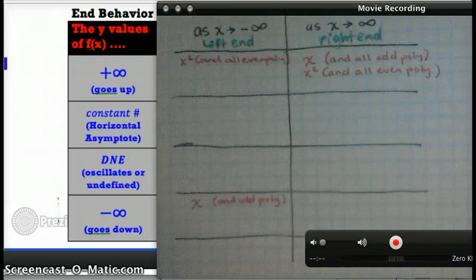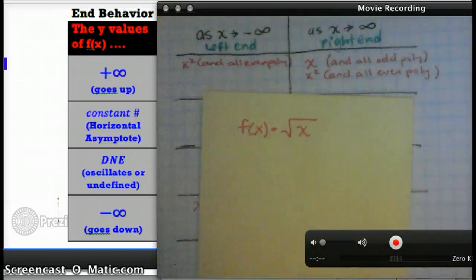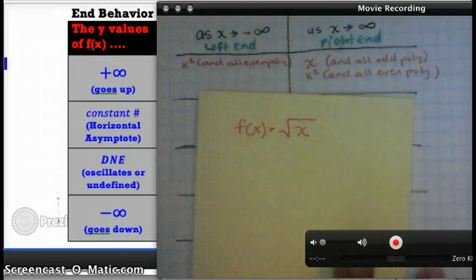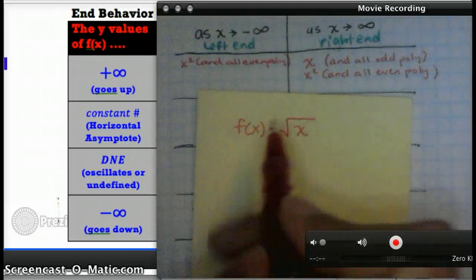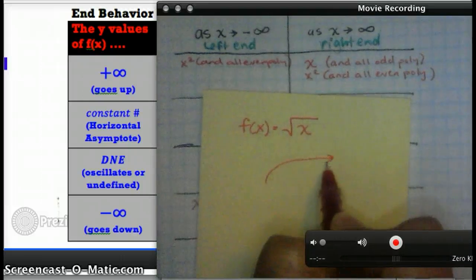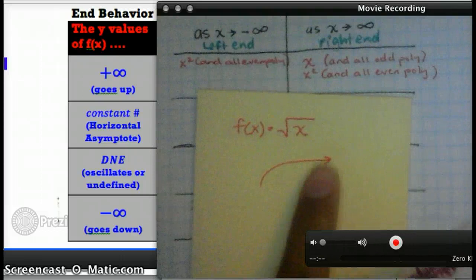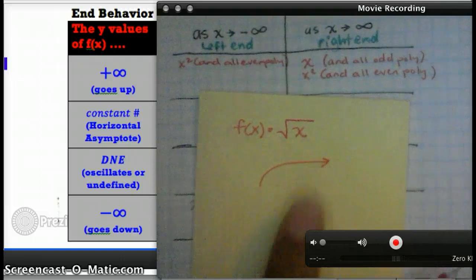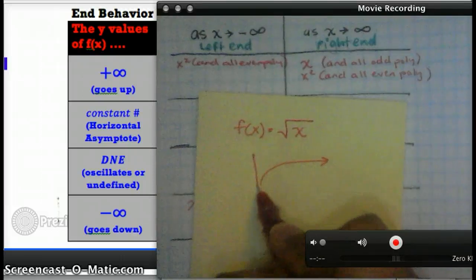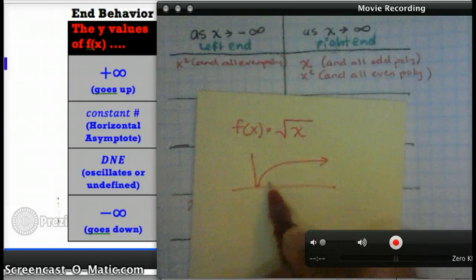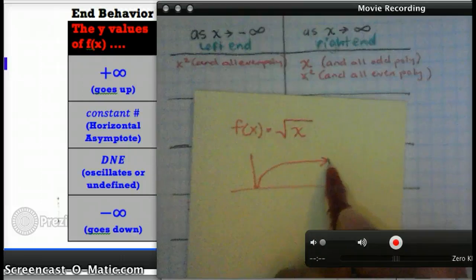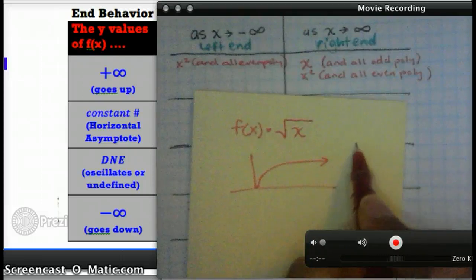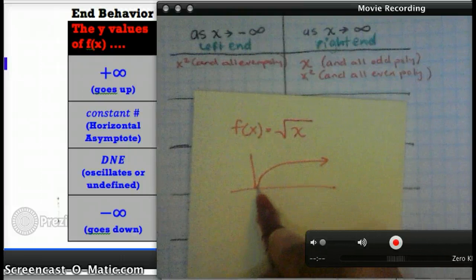Great. So next function. How about the square root function? What do you think? This is where it actually gets fun. The square root function, which looks like this normally, unless it's flipped, actually does go to infinity. Now it goes to infinity much more slowly than other functions that we might like. It's kind of curved over, but this side does go up forever, and it's really important to remember that when you're drawing it.